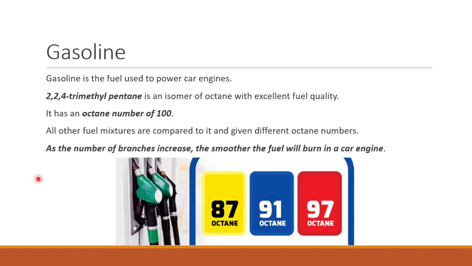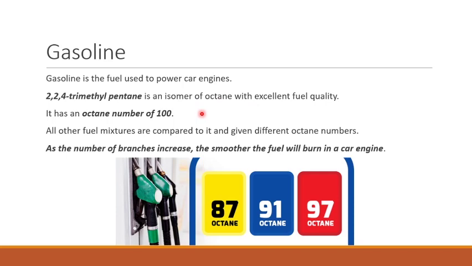So the best fuel is 2,2,4 trimethyl pentane. It is an isomer of octane. It is an excellent fuel. We gave this fuel an octane number of 100. Since it is the best, we gave it an octane number of 100.